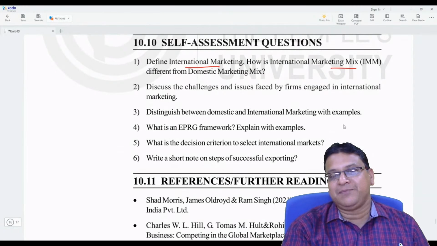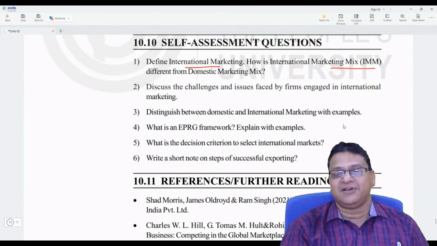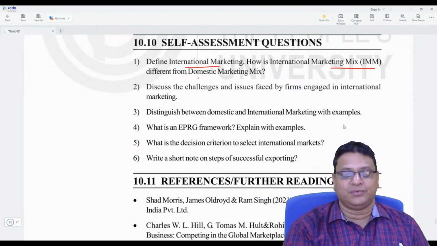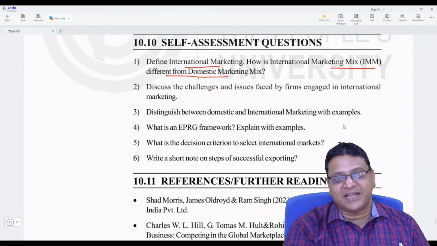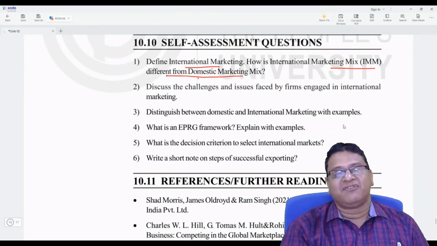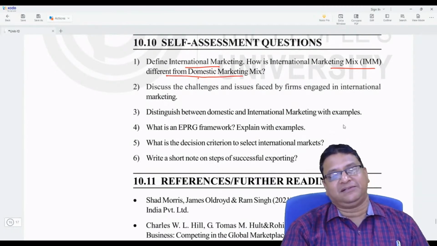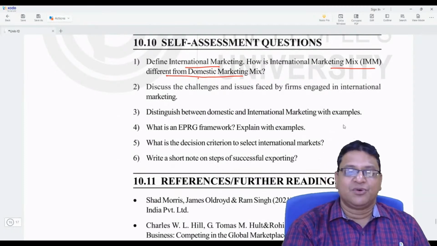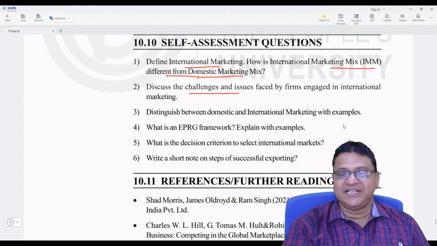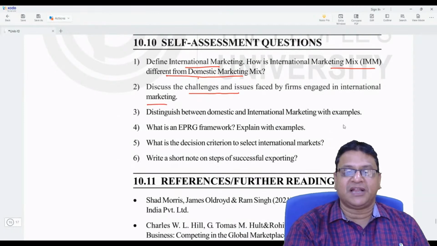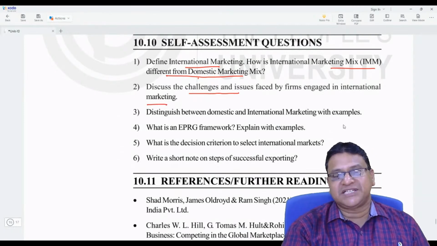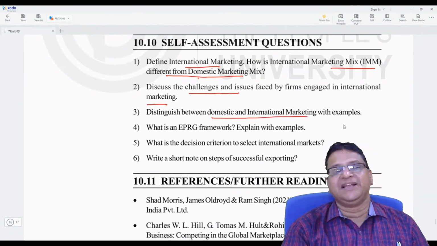How international marketing mix, international product, international pricing, international promotion, international placement plays an important role. And how international marketing is different from domestic marketing. Next, what are the challenges and issues of international marketing? Then distinguish between domestic marketing and international marketing with example.